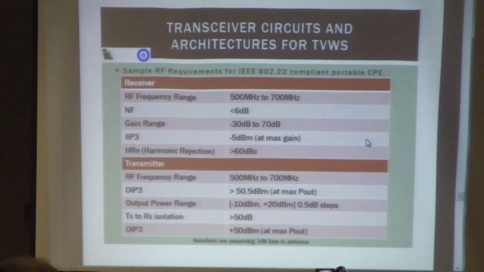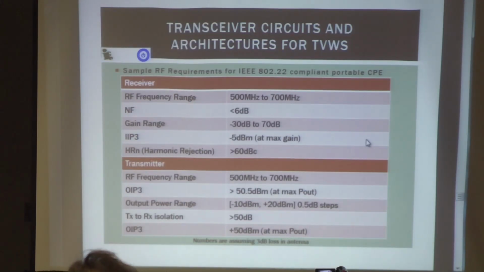On the transmit side, again, we're transmitting on the higher UHF range, so it's 500 to 700 megahertz. The output IP3 has to be greater than 50.5 dBm. This is assuming 3 dB loss in the antenna. So if you have less loss in the antenna, you can lower the output IP3 requirements. The output power range is from minus 10 to plus 20 dBm in 0.5 dB steps.